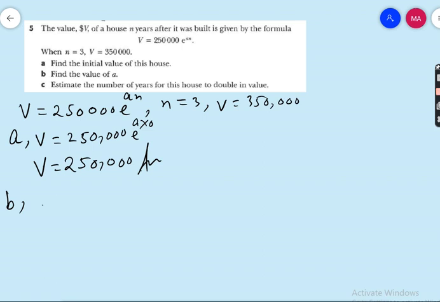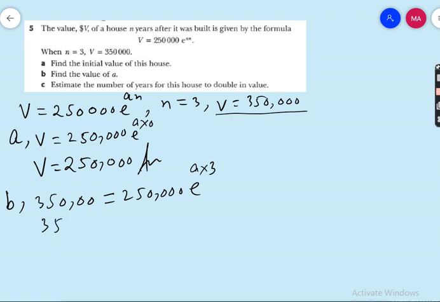For this part, the value of V is given. 350,000 equals 250,000 into e power a, and n is given 3.